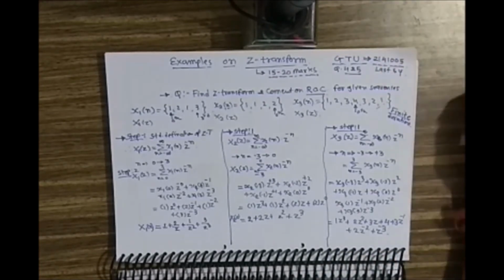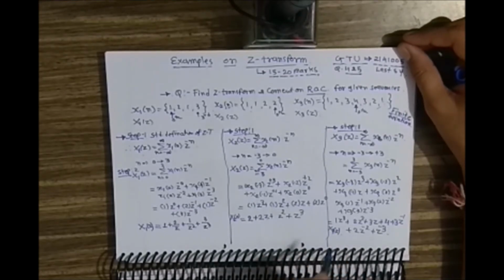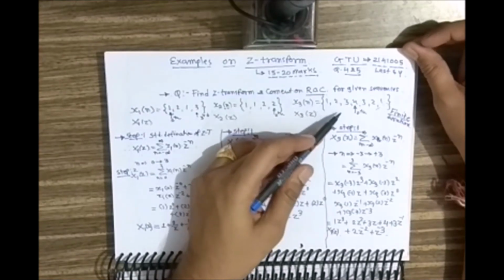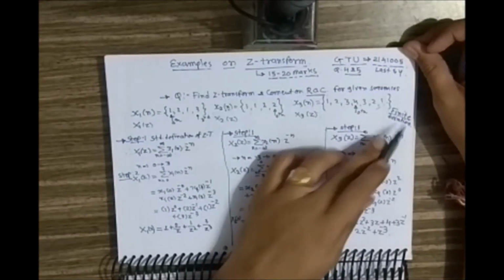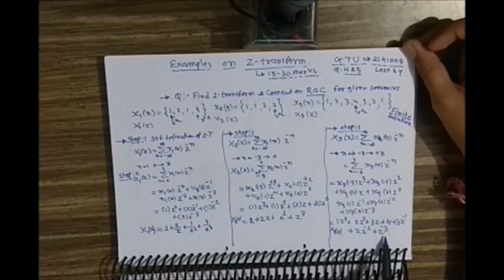So now this is the solution of x3 of z, the z transform of the x3 of n sequence, a both-sided sequence of finite duration. This has the positive power of z as well as the negative power of z.